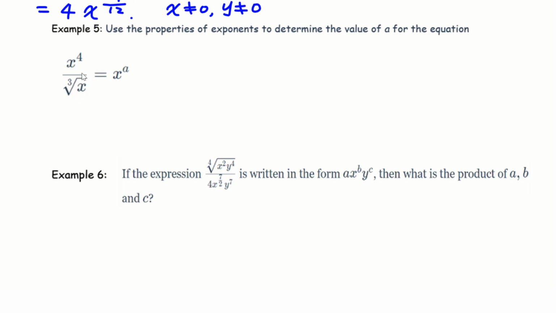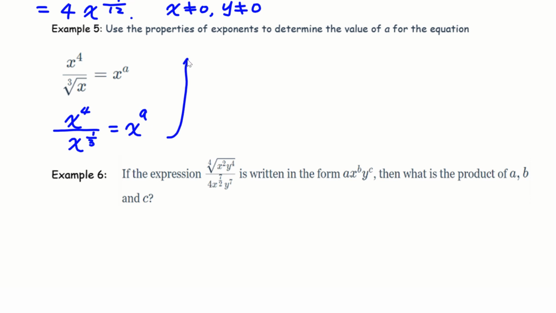Then we could apply the exponent laws. So x to the exponent 4 divided by x to the exponent, index number to the denominator, no numbers for the exponent is 1. Then equals x to the exponent a.